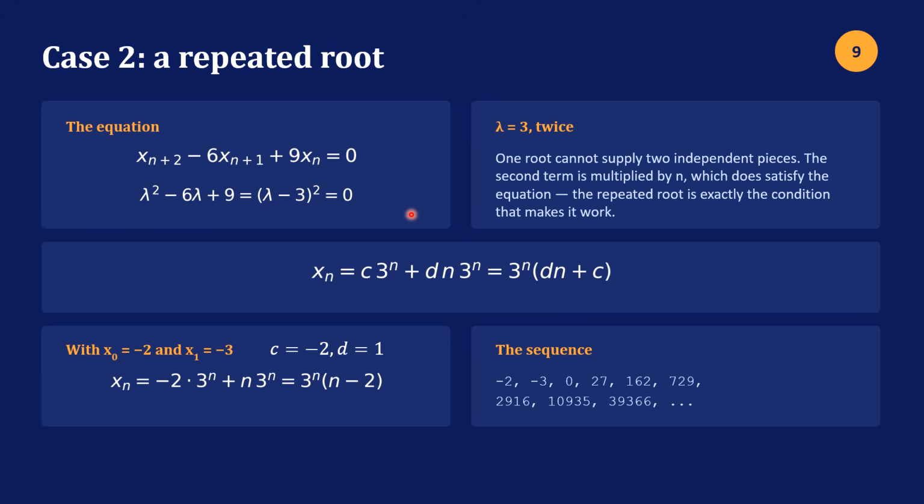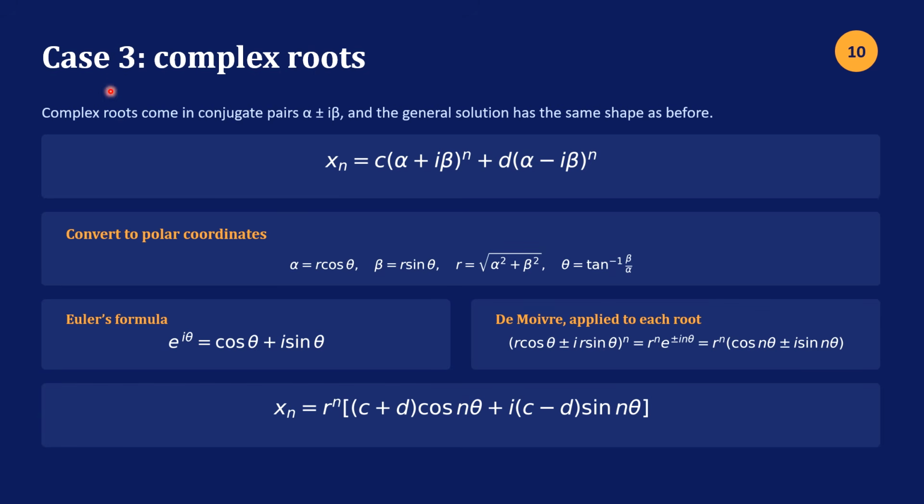All right, so we have one last case. That's where your characteristic equation has complex roots. And there's a way of handling that also, which I'll show you. So the third case is where we have complex roots, and they would be of this form here, alpha plus or minus i times beta. i is the square root of minus 1, the imaginary number.